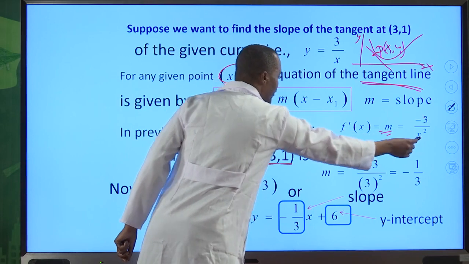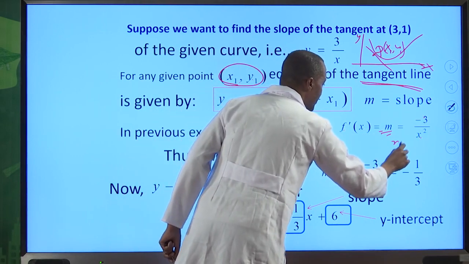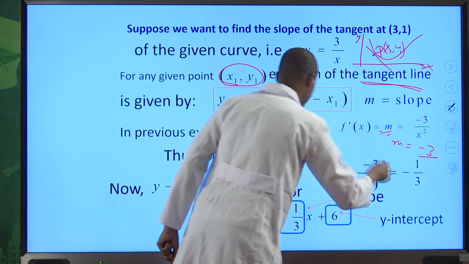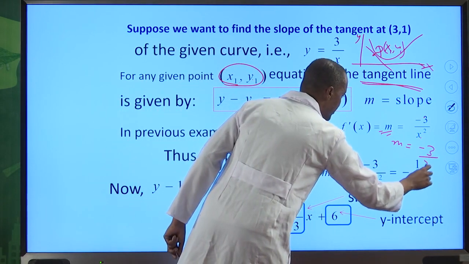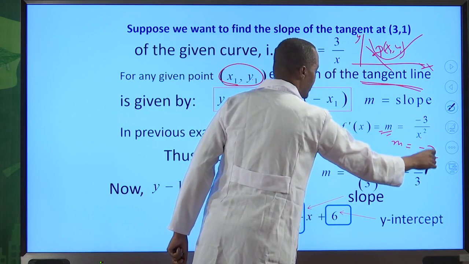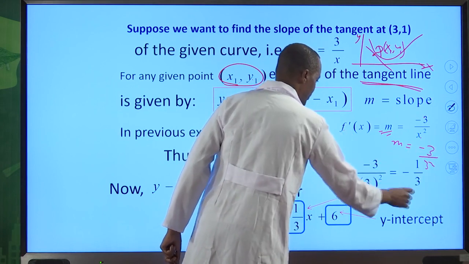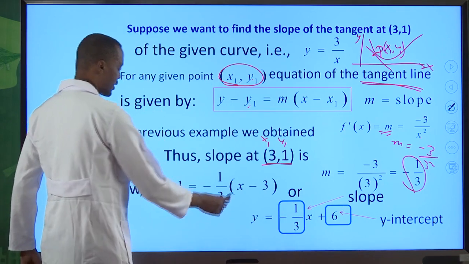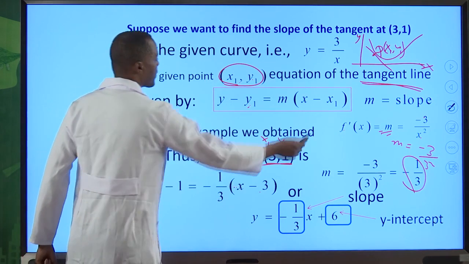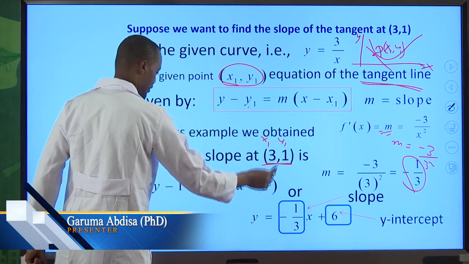The slope is minus 3 over x squared. What is x? 3 squared, and 3 squared is 9. Minus 3 over 3 squared is simply minus 1/3. So that minus 1/3 is the slope times x minus x1. My x1 is 3.